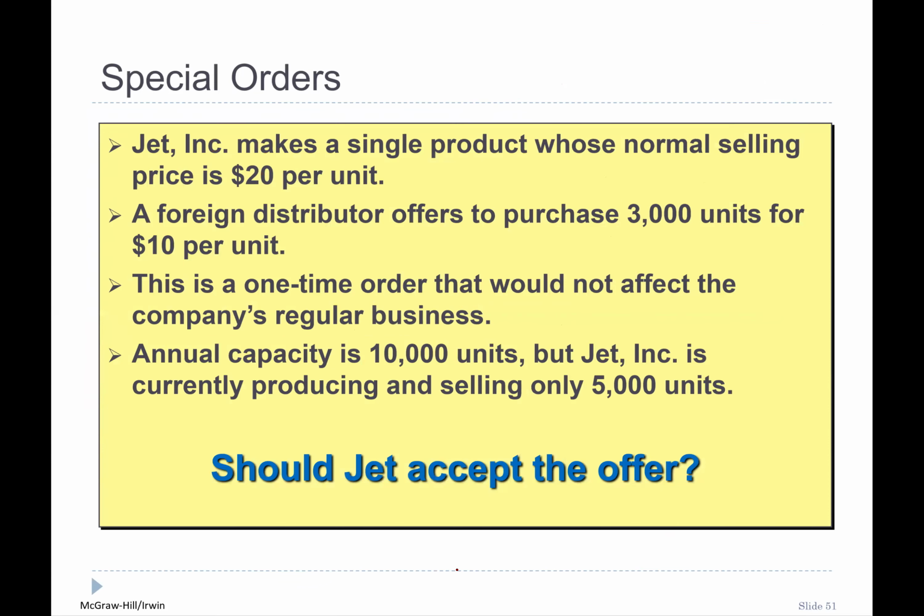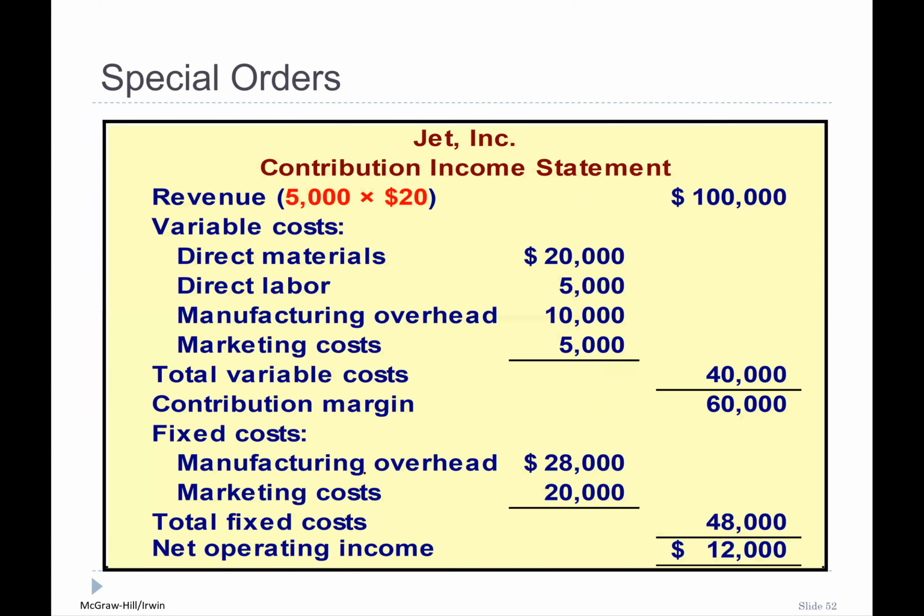Let's see whether we have the ample information or not. So this is Jet Incorporation's income statement. So their price is 20. So only incremental. If they make 3,000 more, would they be needing direct material? Yes.